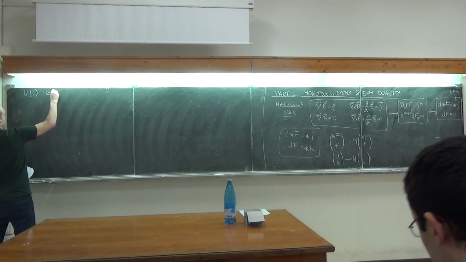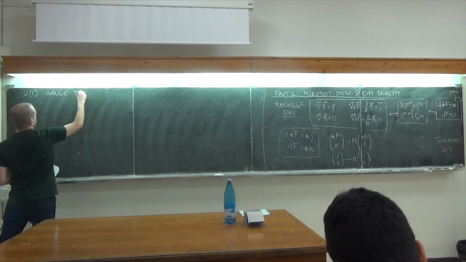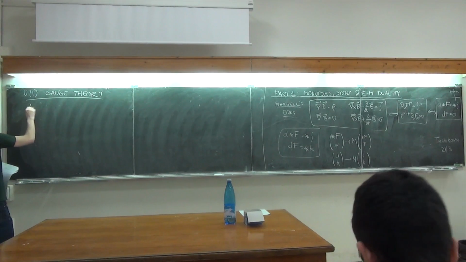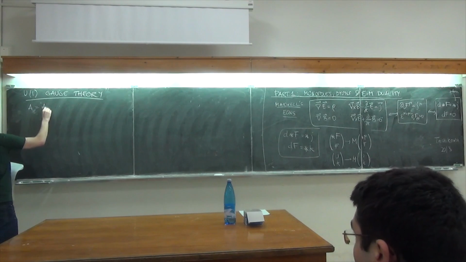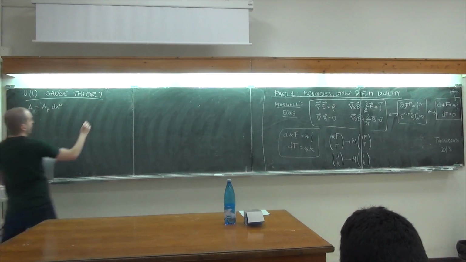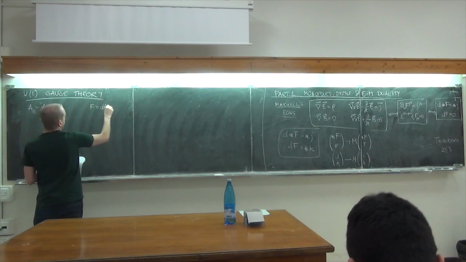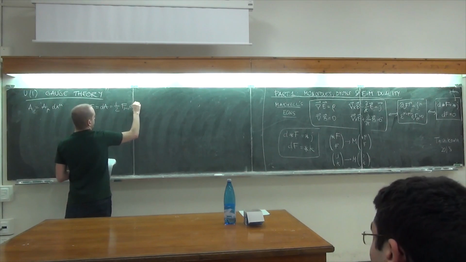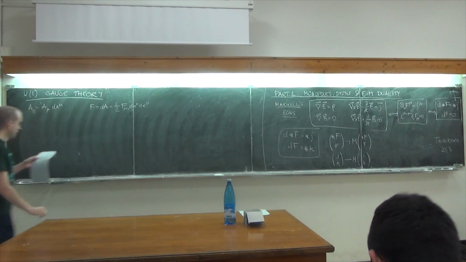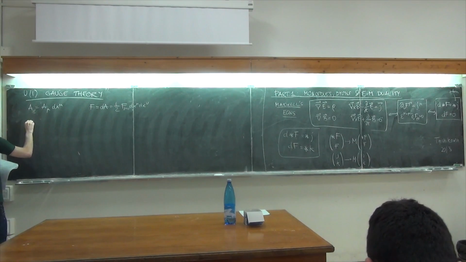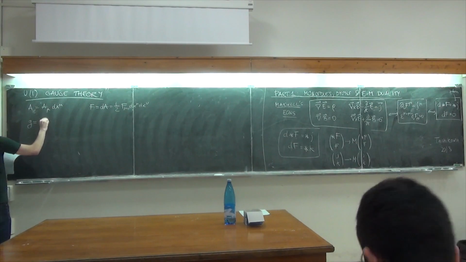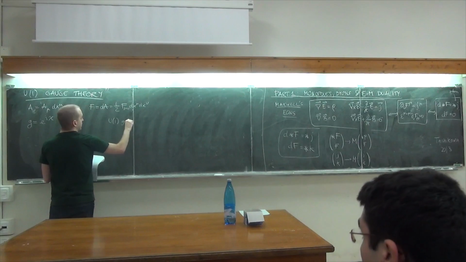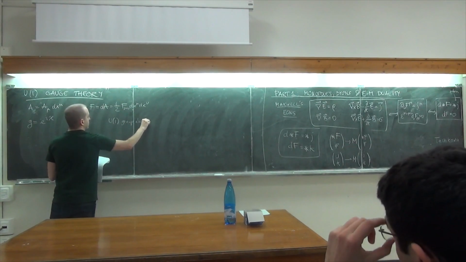So let's focus on U(1) gauge theory. We'll have a gauge potential A, which is a 1-form, A_μ dx^μ, and its field strength F, which is dA, F_μν dx^μ dx^ν. Then we have the group element, a U(1) group element, e^{iχ}.